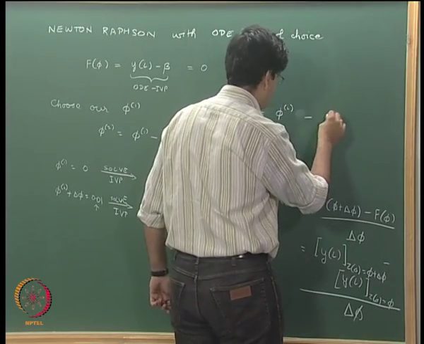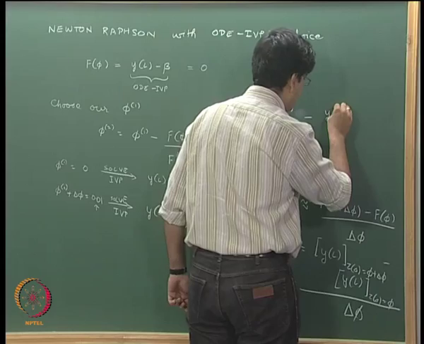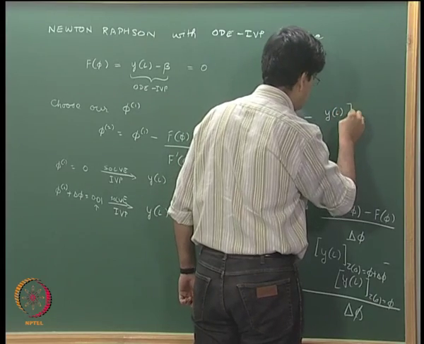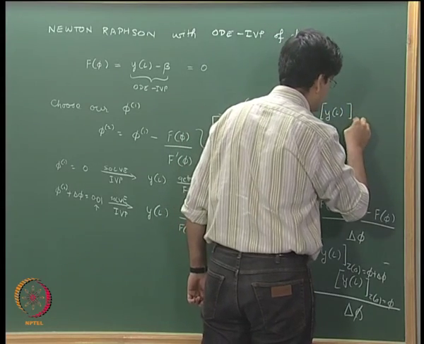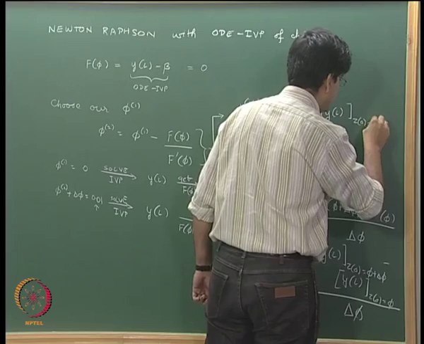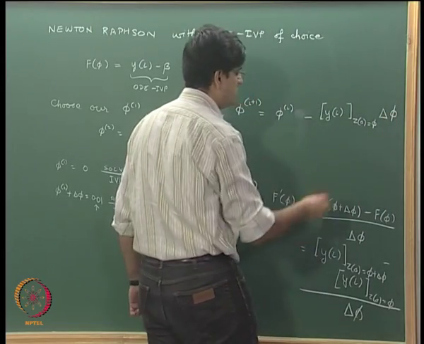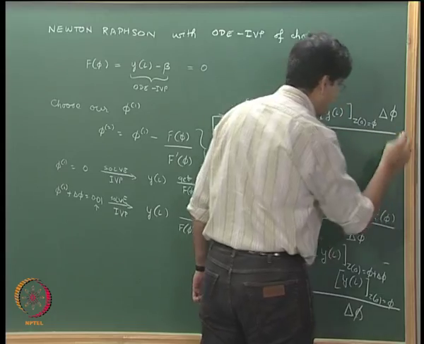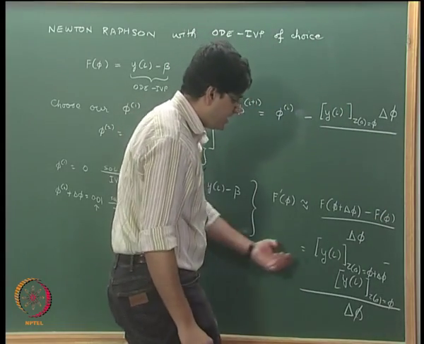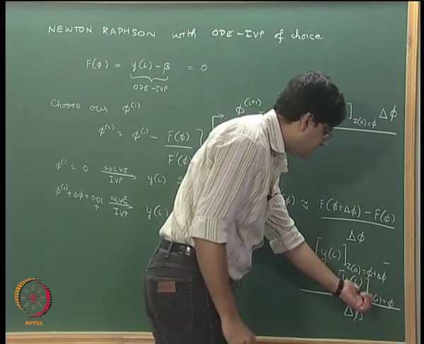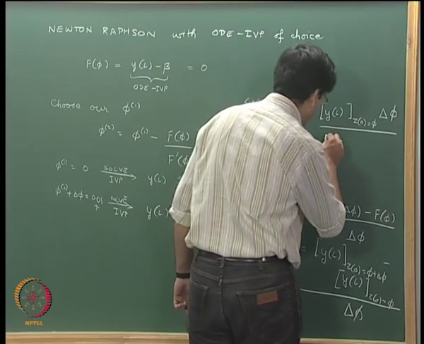So, we can write this as minus y of L computed at z0 equal to phi multiplied by delta phi. This whole thing should be divided by yl at phi plus delta phi minus yl at phi.